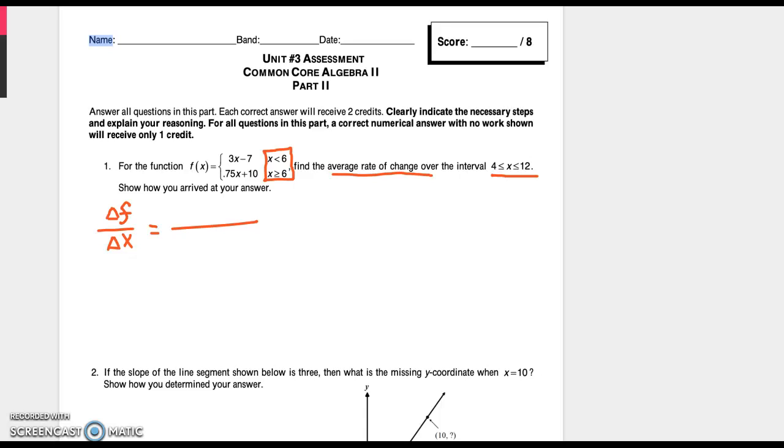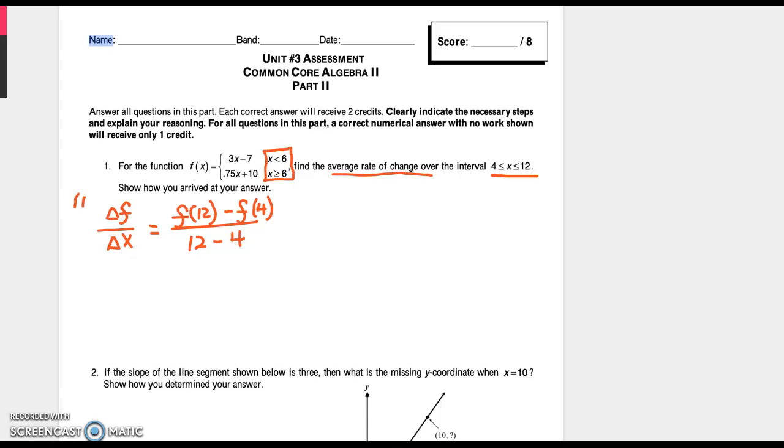Now you're going to look at the domain. You take f of 12, the output, minus another output, f of 4, because those two are like the ending point and the beginning point, over delta x, meaning the difference in the x values. So to be consistent, you put the 12 in the front, minus 4.